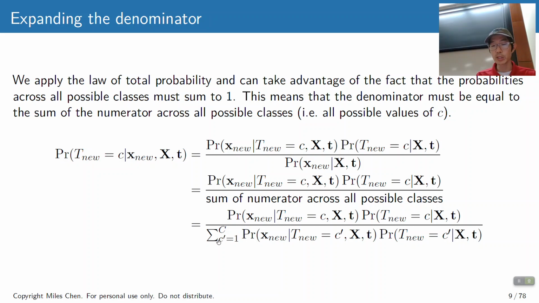So that's going to be equal to the sum from C prime equal to 1 to big C, meaning we do it for class 1, class 2, class 3, however many classes we have, and we calculate the numerator for all of them. And that's basically just a scaling constant. When you calculate the numerator, you might get 0.2, 0.3, 0.01.